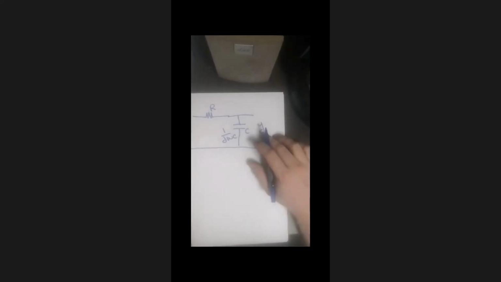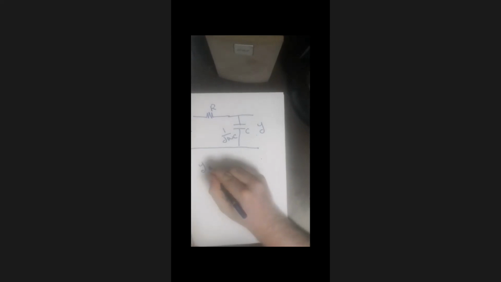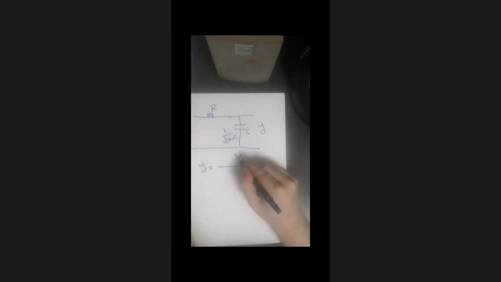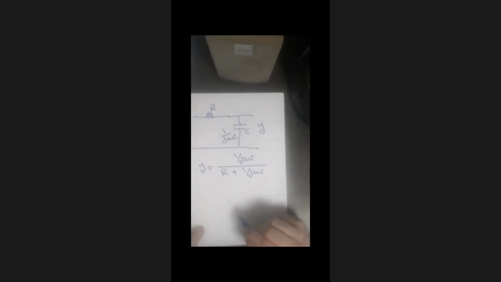So the voltage drop here, which is Y, equals 1 over J omega C, the impedance in the voltage drop, over R plus 1 over J omega C, times X.